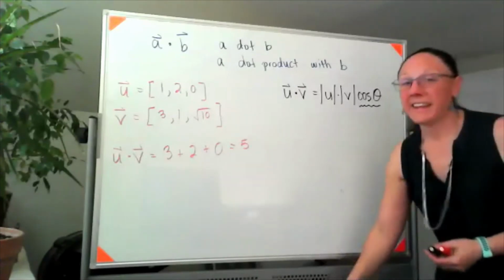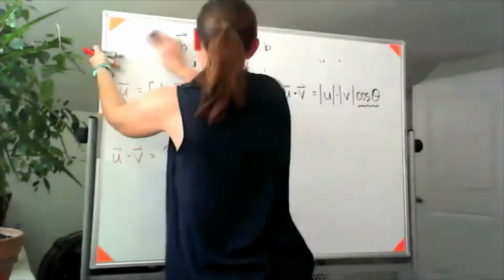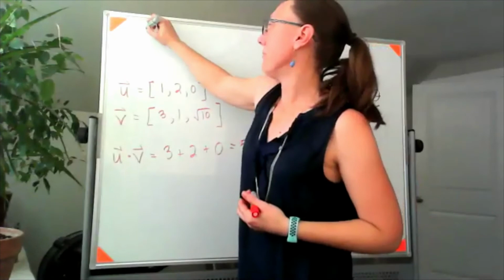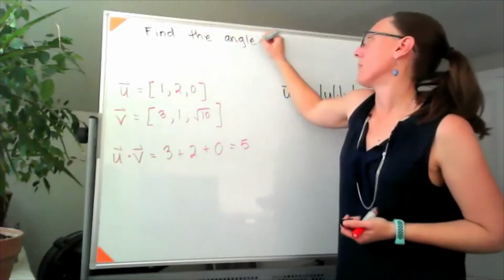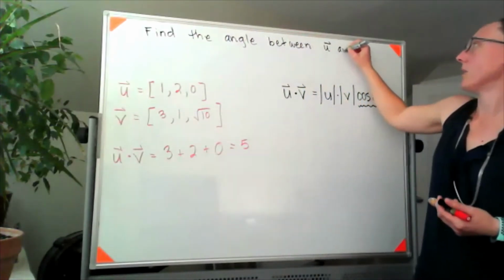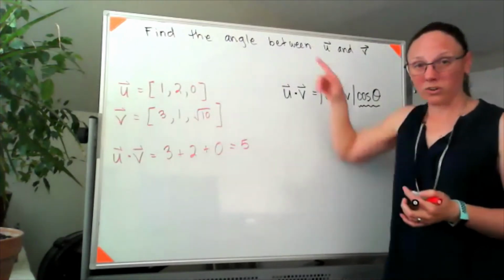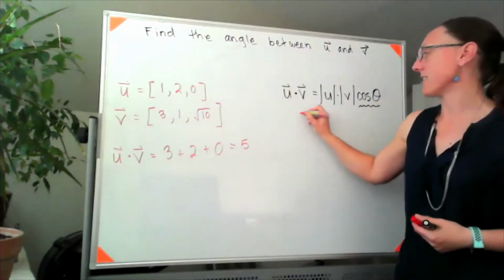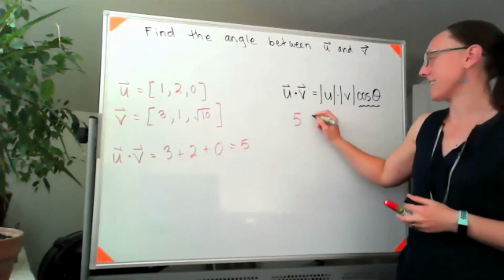And I want to figure out the right-hand side to answer the question, find the angle between U and V. So in order to find that angle, I'm using this formula. We computed the left-hand side and got 5. And now I'm going to keep going on the right-hand side and see what we get.